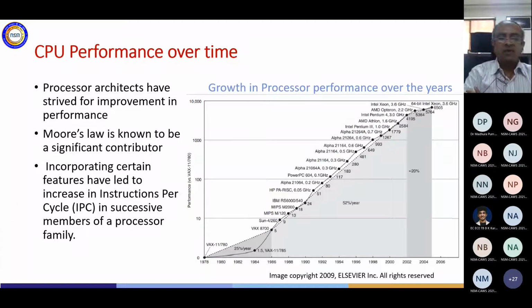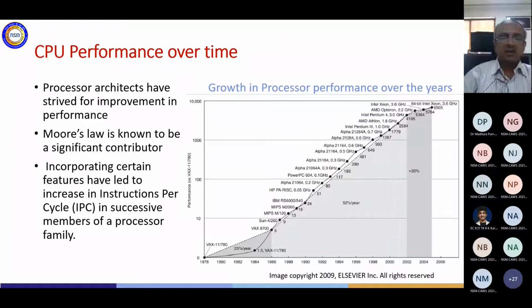The simple point being made is that over a period of time, as years progress, the newer processors that come have some better features. And of course, they are definitely following Moore's law because the transistor density is increasing. So this is about the processor.